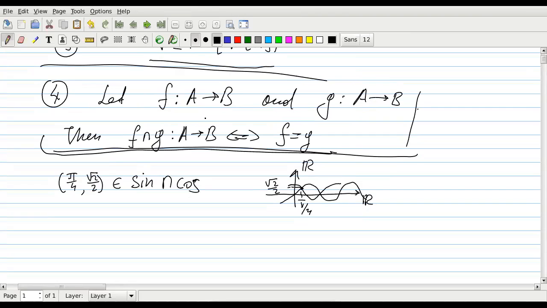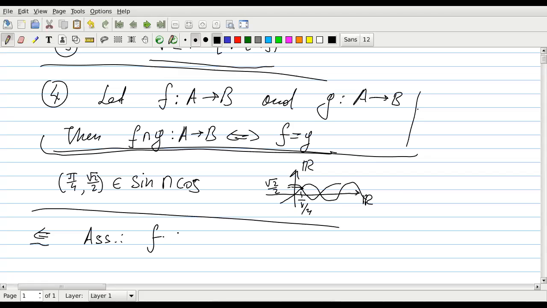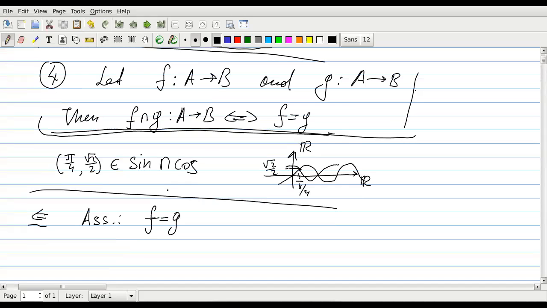So I say that if we have two functions, both from A to B, then the intersection is a function from A to B if and only if these two functions are equal. From the right to the left, assume that our functions are indeed equal. How is it possible to prove that the intersection is also a function from A to B?